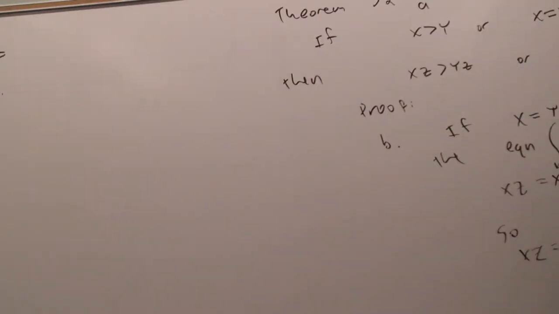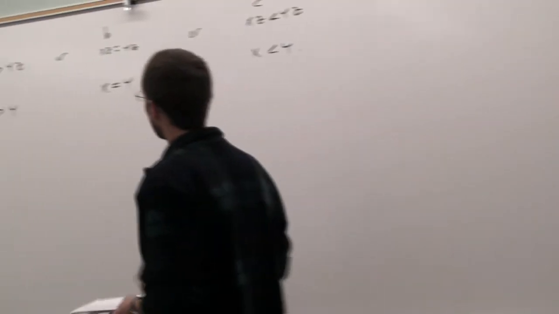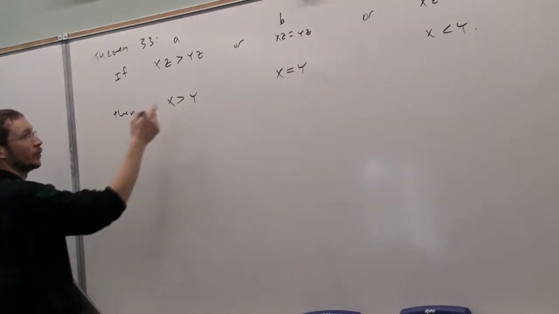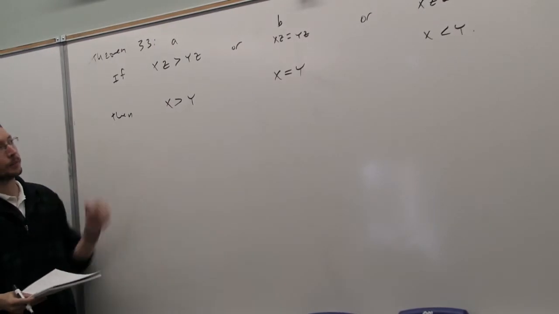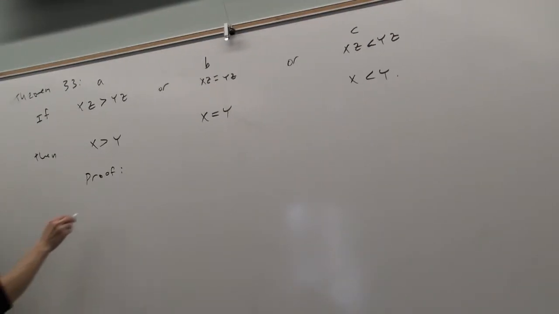And I was thinking about it, and I couldn't see exactly what he was getting at. And I think he's talking about proof by contrapositive. Okay? So, as I was working through the proofs for these, I was thinking that it must be contrapositive that he was talking about. So we're only going to prove A.